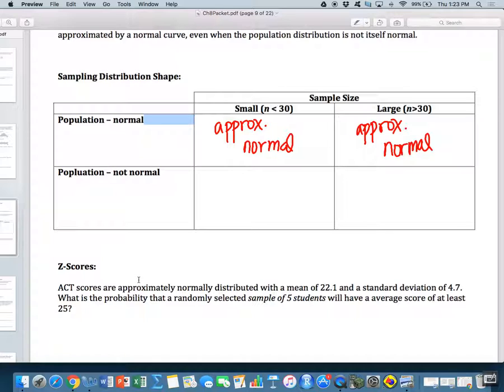Okay, it gets more interesting if your population is not normal. So you have a population that's skewed or bimodal or uniform or multimodal or something like that. If the population is not normal and you take small sample sizes, so samples of size 10 or anything below 30, we don't know what the sampling distribution will look like.